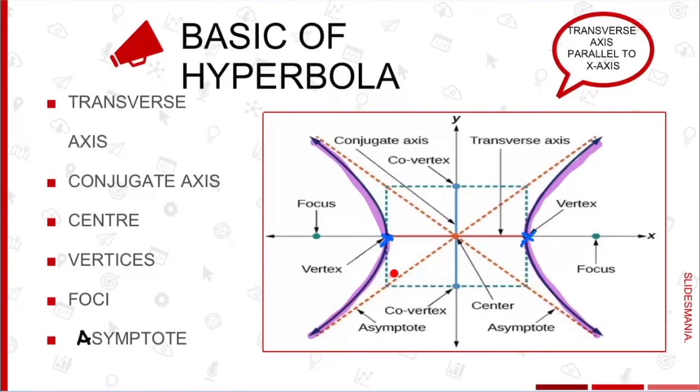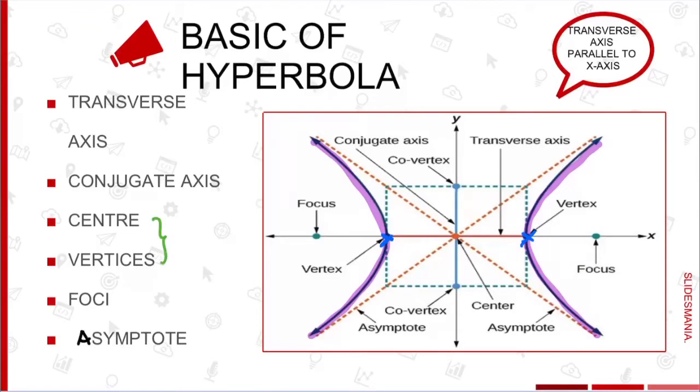So how can you get the line of asymptote here? It's very easy. Let us look at the distances first.